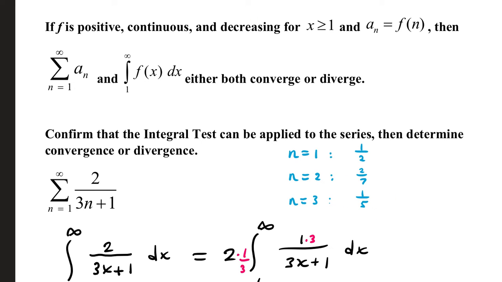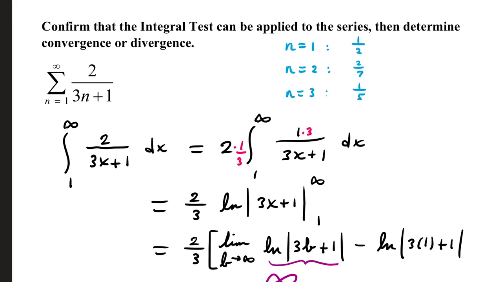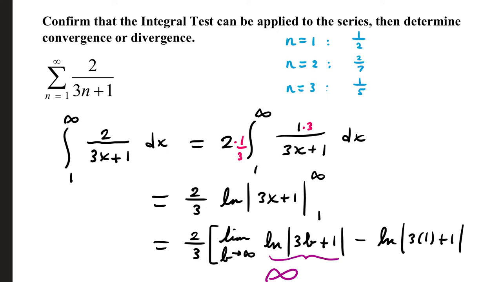As far as continuous goes, what I look at is the denominator, which is 3n plus 1. If I were to let that be a function 2 over 3x plus 1, it would have a vertical asymptote at negative 1/3. But that's not going to be part of where we're investigating. So the third condition of continuous is also met.